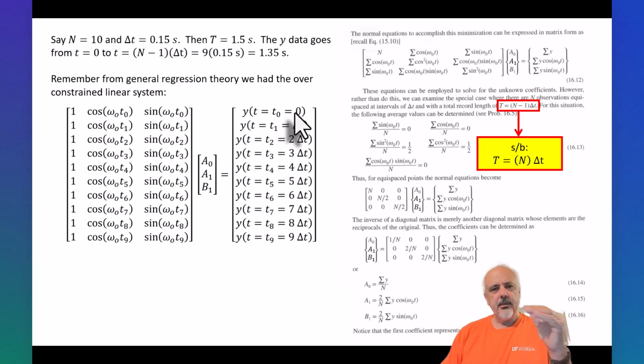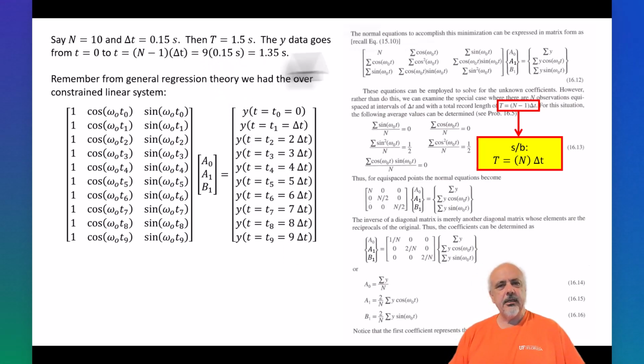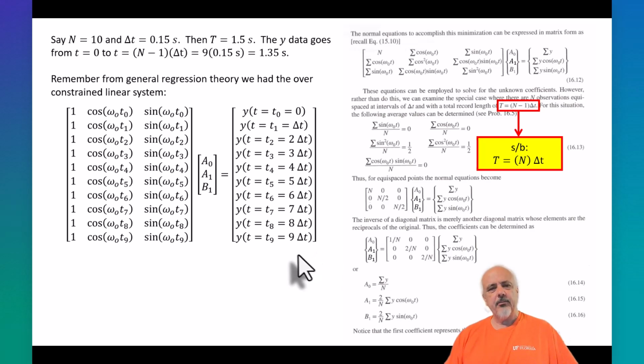So that would be t0 equals 0, then 1 delta t, 2 delta t, 3, 4, 5, 6, 7, 8, 9 delta t's in this example of 10. I've got 10 times that I'm bringing in, 10 y data, and then 10 different cosine of omega naught t's, and 10 different sine of omega naught t's.